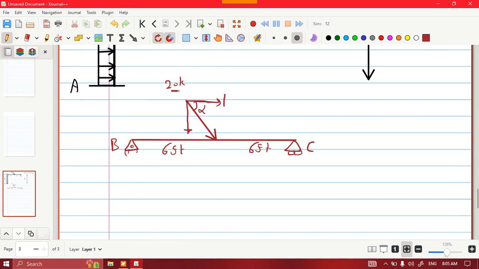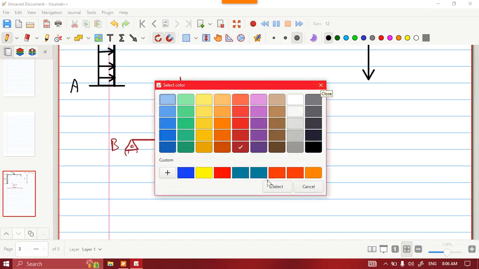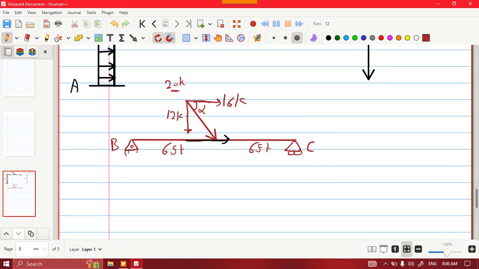This load is going to be 16 kips, and it will act alongside the beam, because this load is acting directly on the joint of the beam. And this is going to be 20 sine alpha, which is 12 kips. So we can easily find the reactions.